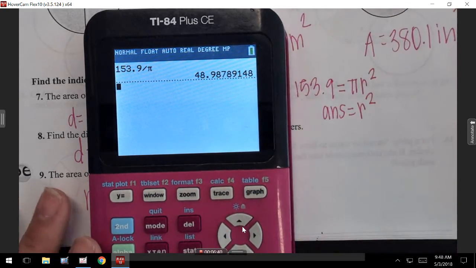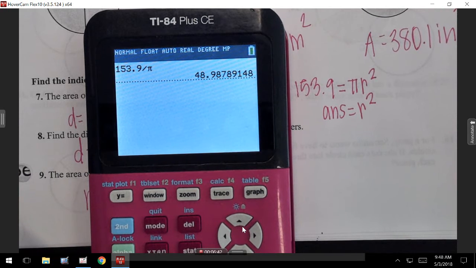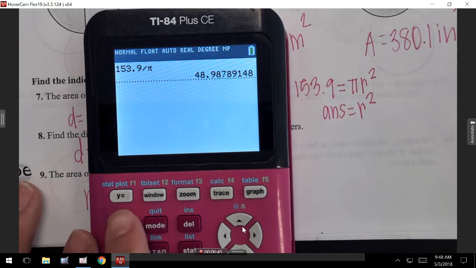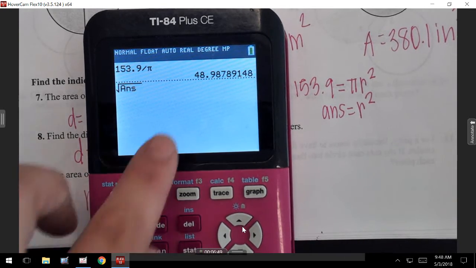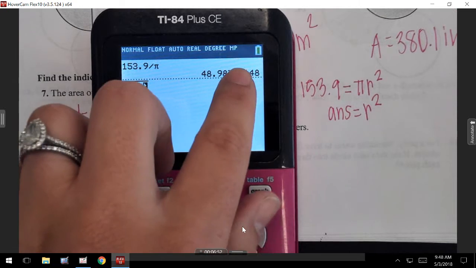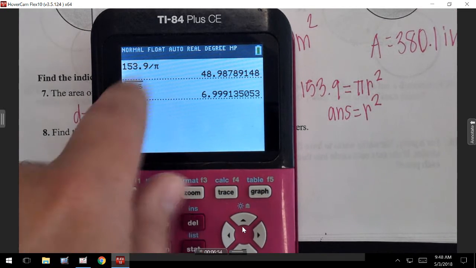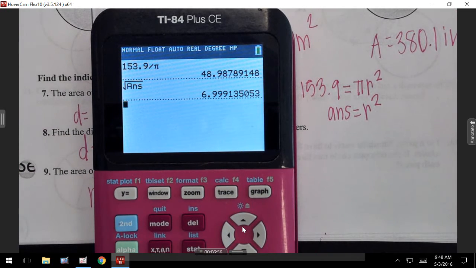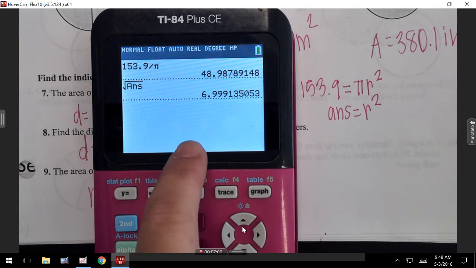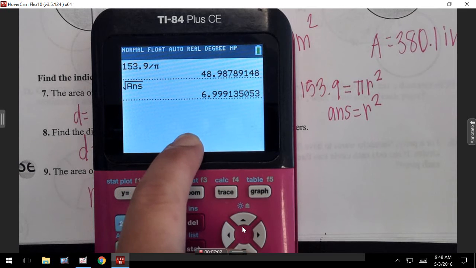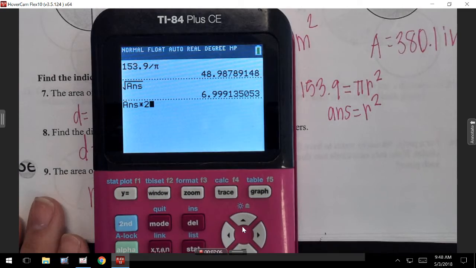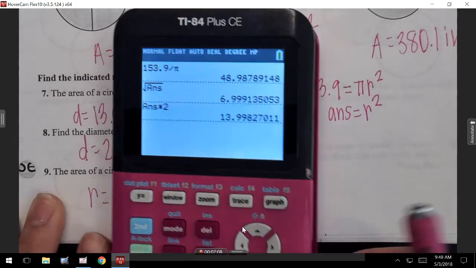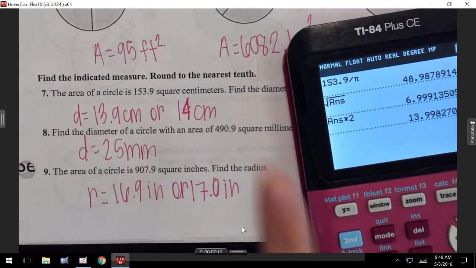How do I get rid of the squared? Square root. So I'm going to press my square root button and then press answer, so I don't have to write all that down. I get 6.999. But what did I just find? That's the radius. What do we want to find? Diameter. So I have to multiply this by 2. So I put 13.9 or 14.